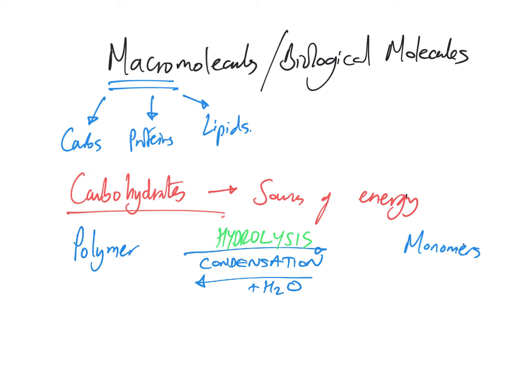So in terms of then carbohydrates, you should be able to name the polymer of carbohydrates, and you should be able to name the monomer of carbohydrates. You should also be able to name the dimer of carbohydrates, dimer meaning 2. So the polymer of carbohydrates is a polysaccharide, which quite literally means many sugars.